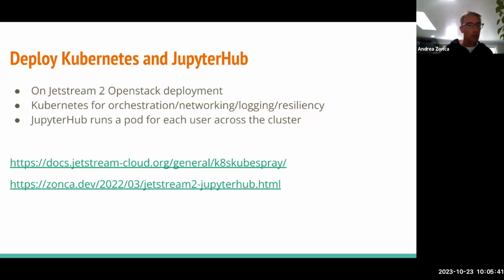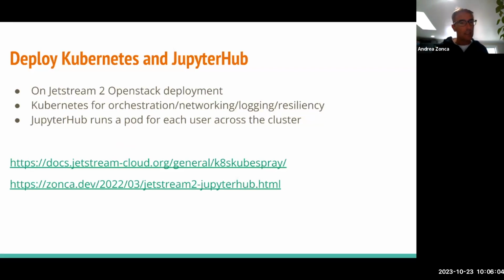And then on top of that, I have written a tutorial. You see the link over here to the tutorial, where you can deploy Kubernetes on top of these multiple virtual machines. And why do we deploy Kubernetes?